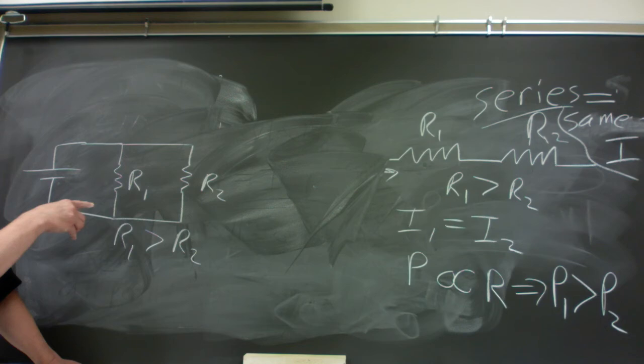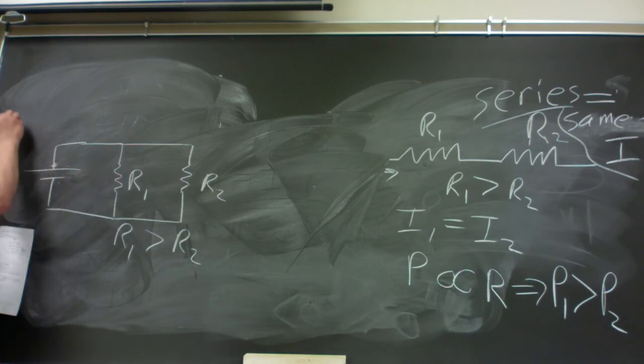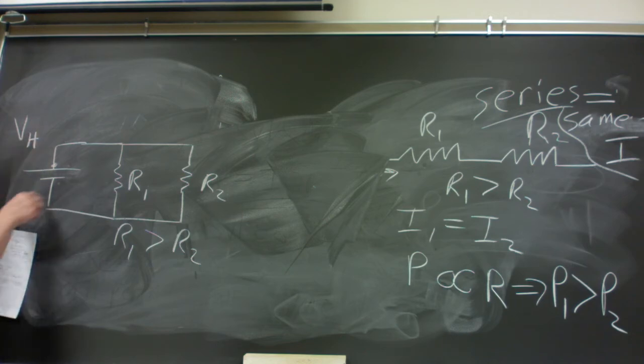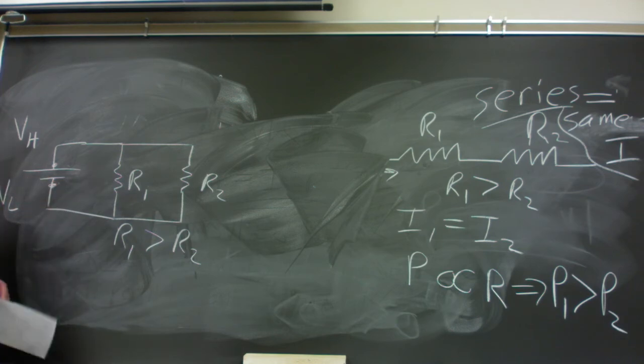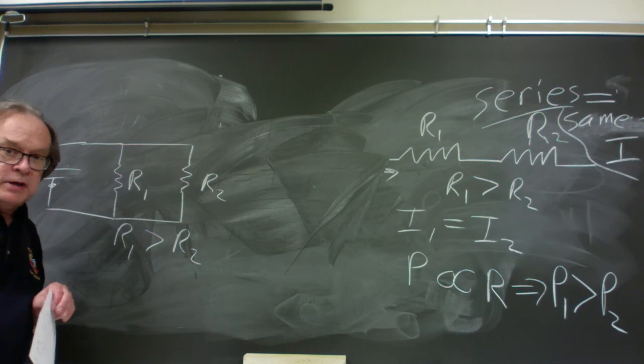How does this picture show that? Well, call the potential right here just high potential, right? The potential at the high pole of the battery, and then V low, low potential. And then remember our wire approximation.